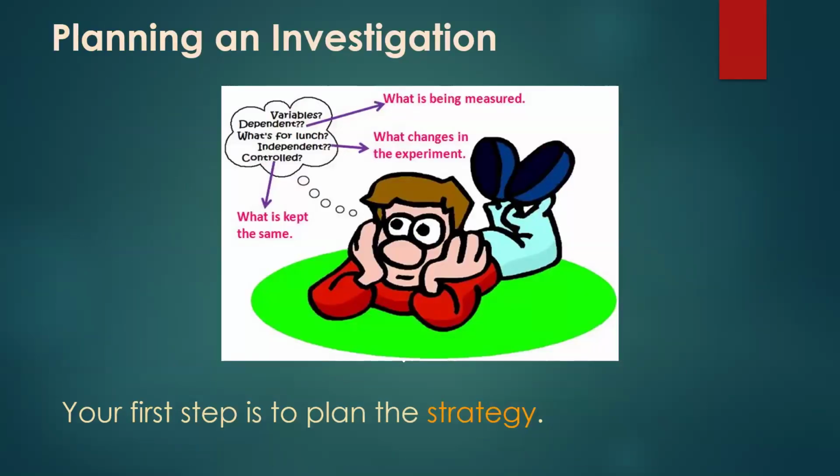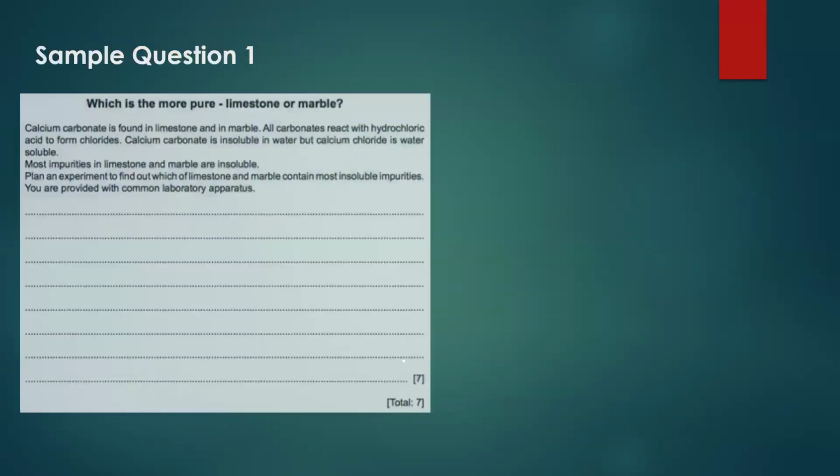Planning and investigation. Your first step is to plan the strategy. What is more pure, limestone or marble? In this type of question, you need to identify which one is purer. Calcium carbonate is found in limestone and in marble. All carbonates react with hydrochloric acid to form chlorides.